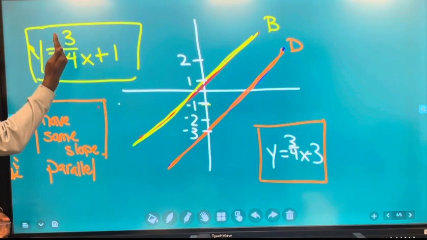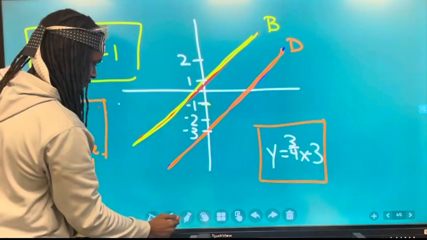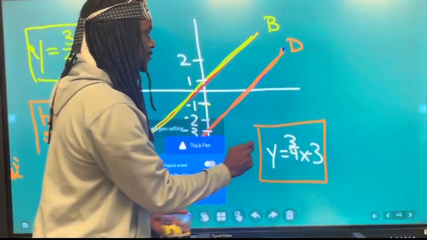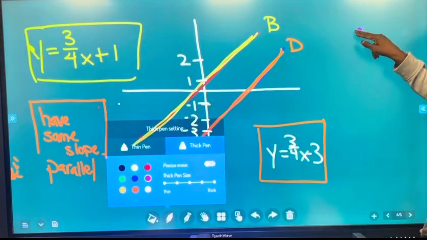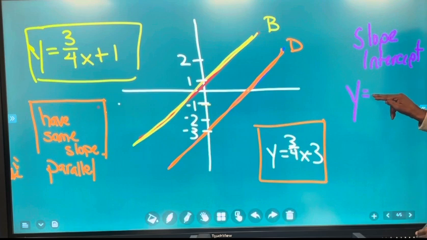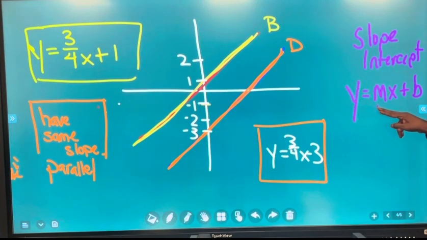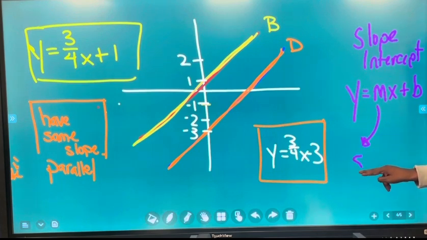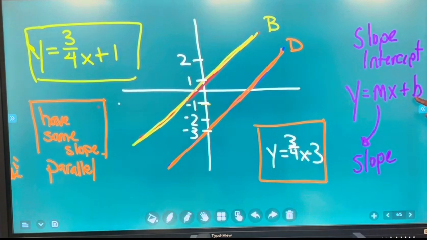This is your slope. And this is y-intercept.